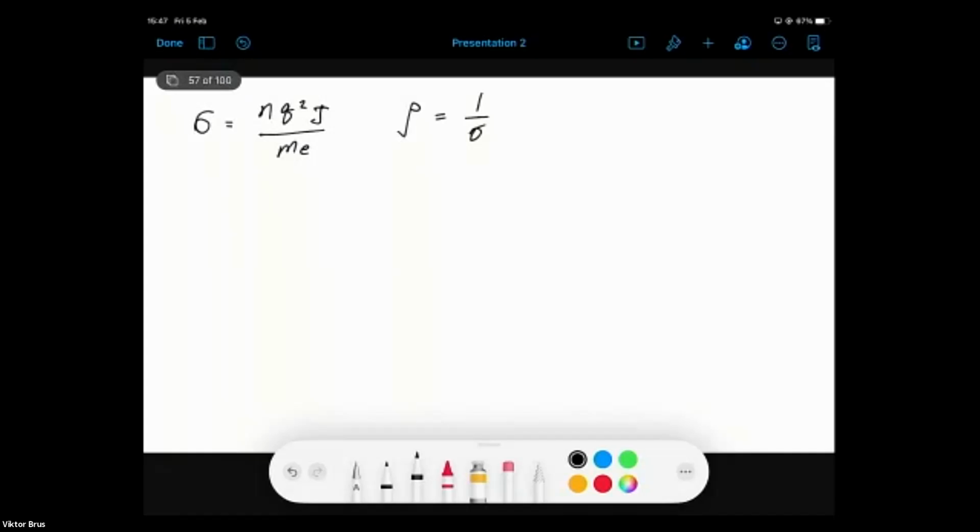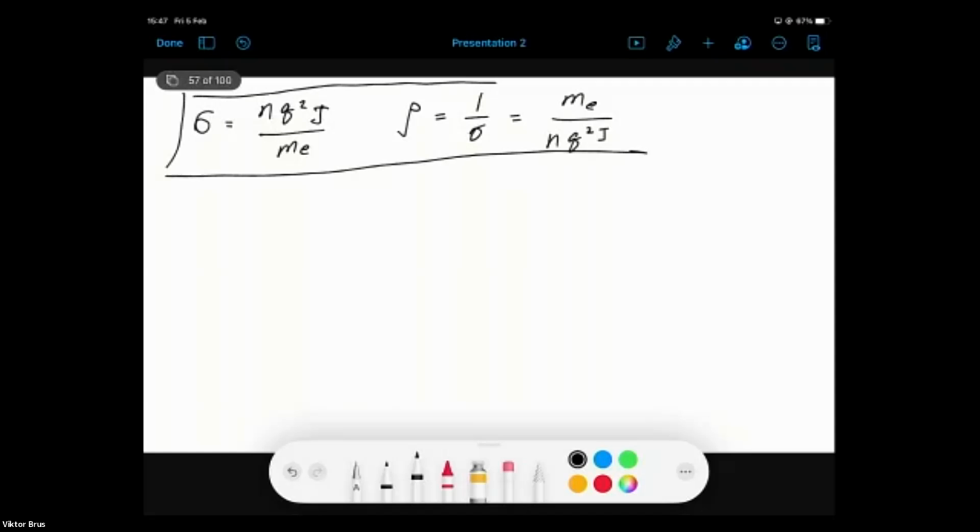It's 1 over sigma, and this is equal to m_e divided by N Q square tau. So these are very important expressions which describe the ohmic type of conductivity.